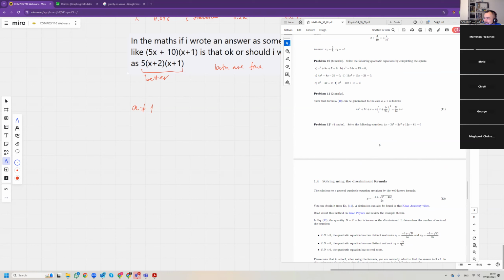Do we need to include when sketching a graph? Oh, yes, ideally. COMPOS for everyone, only kids, free school meals and disabilities. Right, so anyone that gets in, yes.